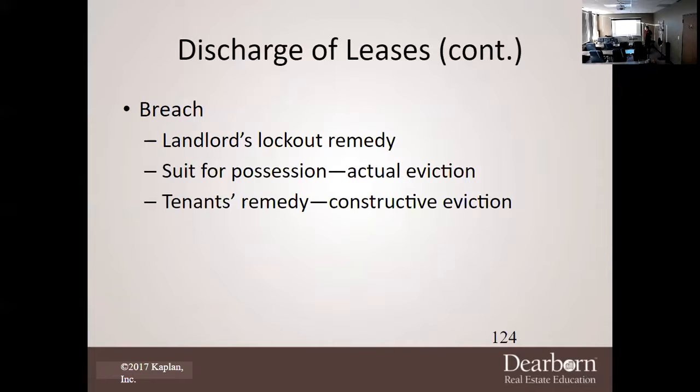The landlord, number one, could use what's called a lockout remedy. If Stephen doesn't pay his rent, I can put a notice on the board that if I don't get my rent paid within 2-3 days, I'm going to lock you out. I have to give Stephen notice of this, but here's the thing. If I change the locks on Stephen, say I give him 3 days and he hasn't paid, I call you, Mr. Eugene, and say, you're my maintenance guy, go out there and change the locks on that property.